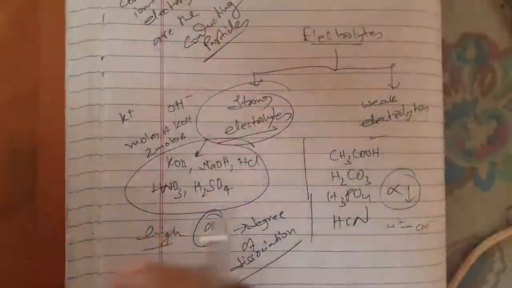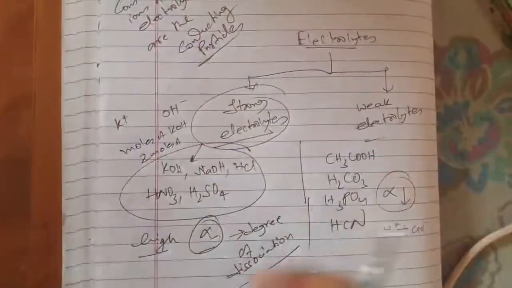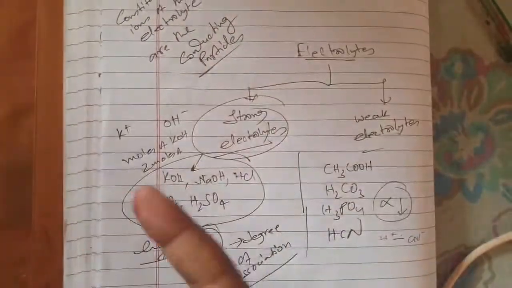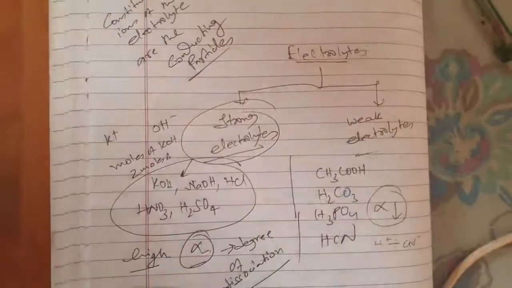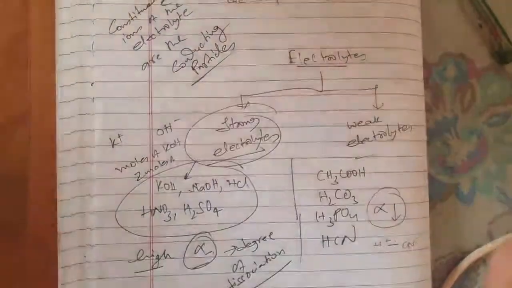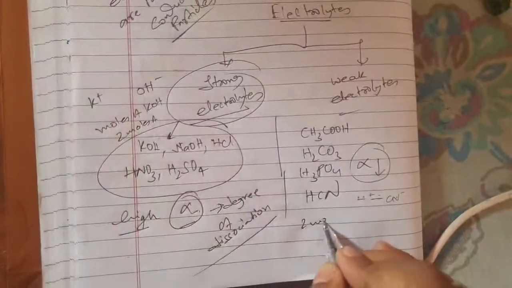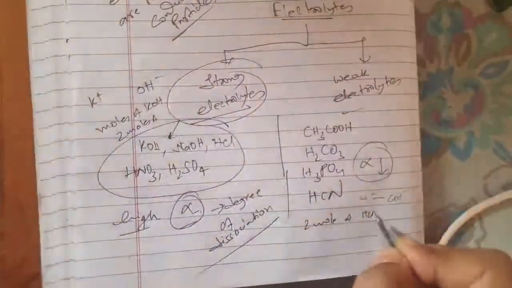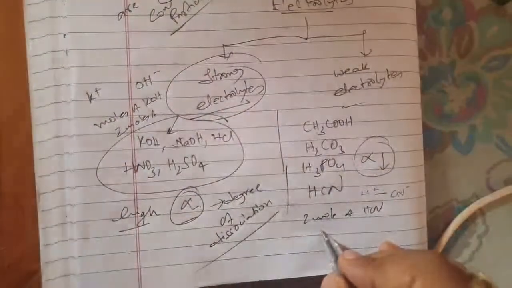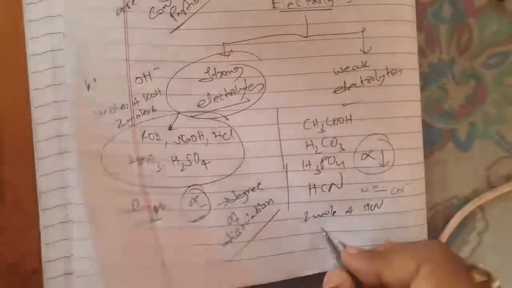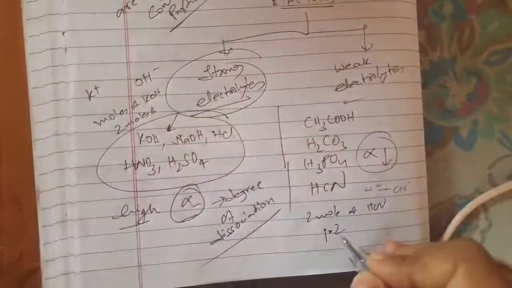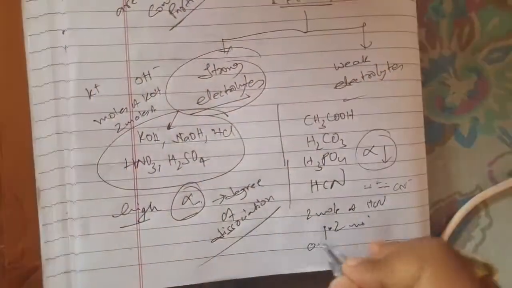In 2 moles of KOH, 2 times Avogadro number of KOH particles are there. All of them, or 95 to 99% of them, will break down into K+ and OH-. But if you have given 2 moles of HCl, it may be that out of 2 moles, maybe 1.2 moles are not dissociated, only 0.8 mole is dissociated.